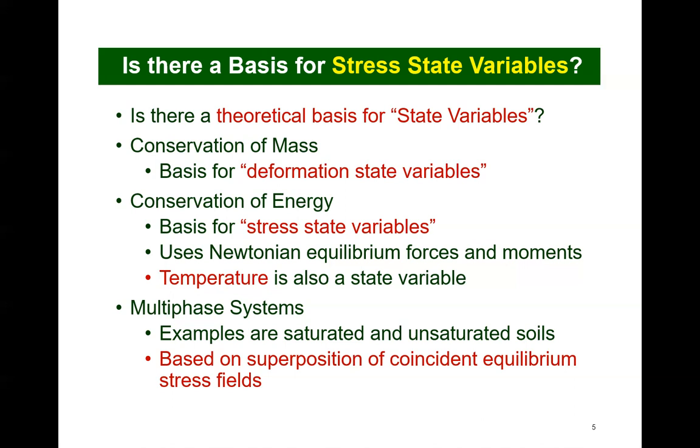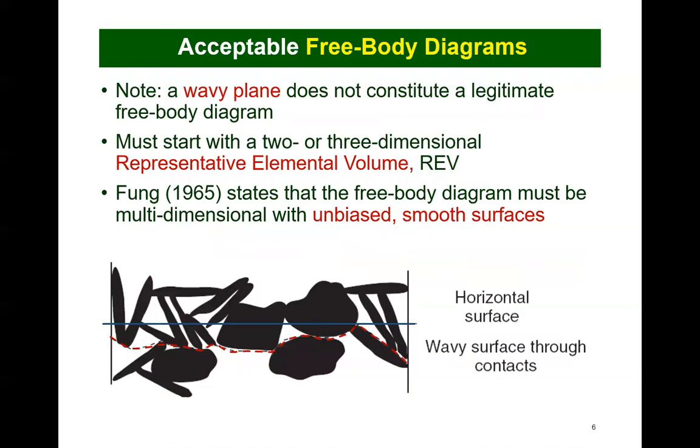The equilibrium of saturated and unsaturated soil systems can be determined through superposition of what is known as coincident equilibrium stress fields. Equilibrium considerations must start with a legitimate free body diagram.